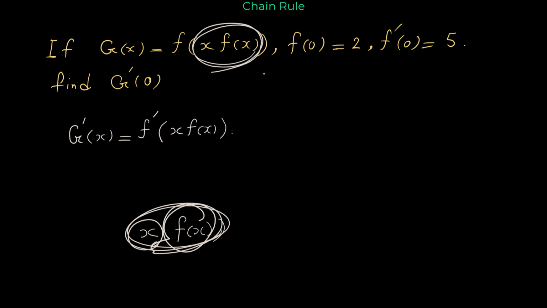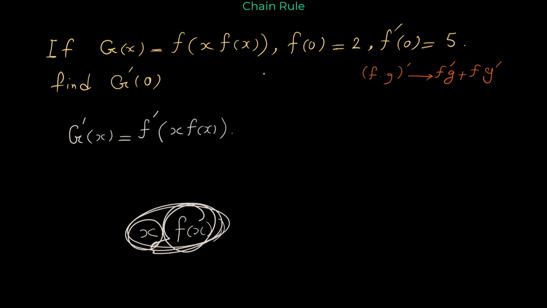Let me remind you here the product rule. When we have f times g and we want to find its derivative, first we have to find the derivative of the first function multiplied by the second function, plus write the first function multiplied by the derivative of the second function.